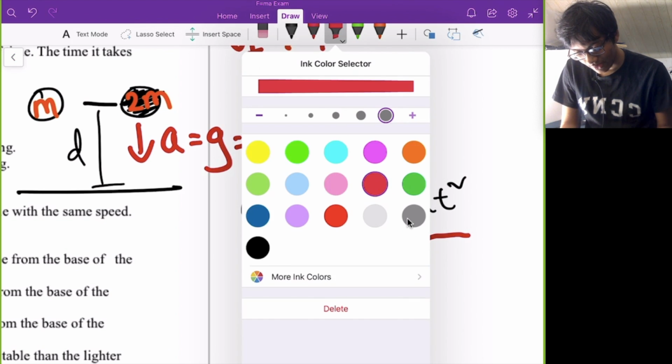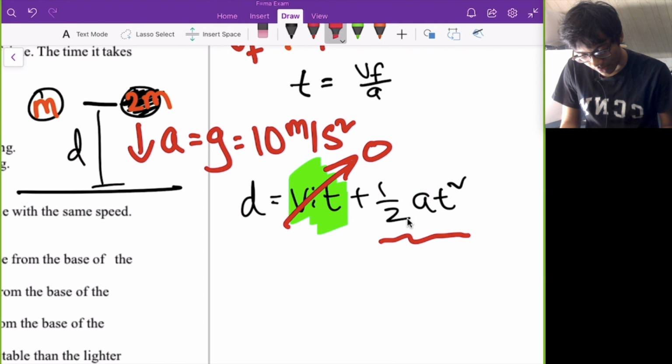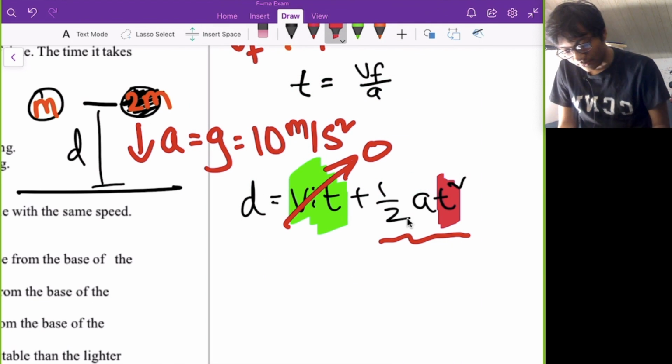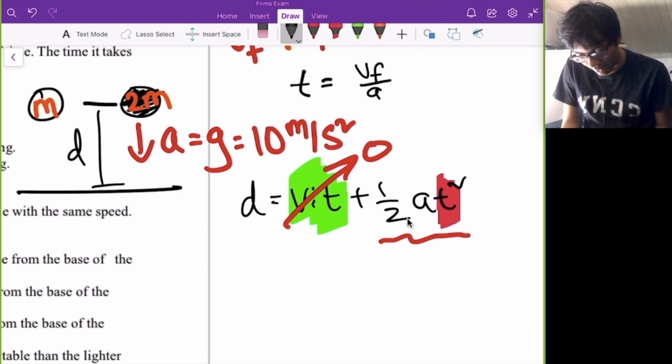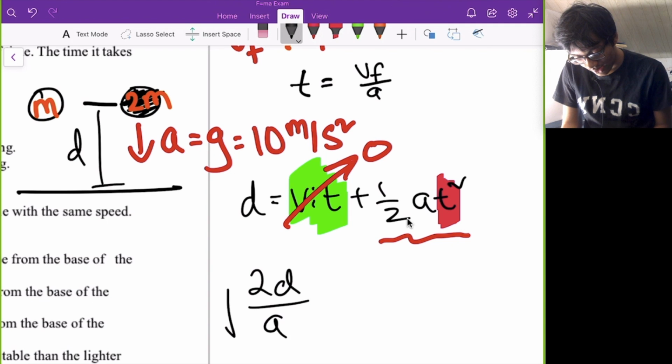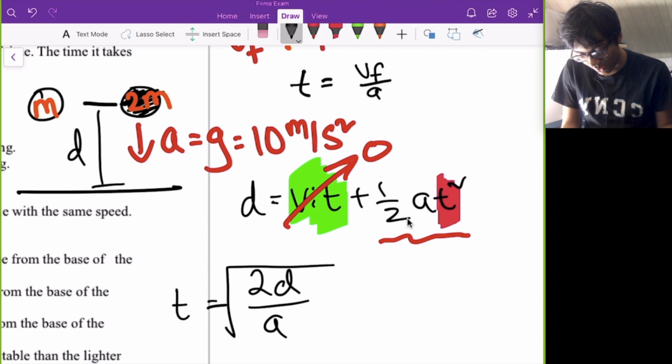Hopefully you see that our goal in this problem is to solve for this time variable. So what's my time going to be? It's going to be the square root of 2d over a. And of course, what is my a? My a is 10 meters per second every second, or just g.